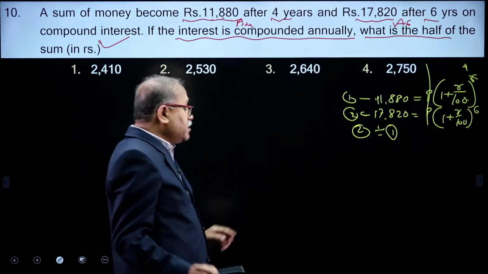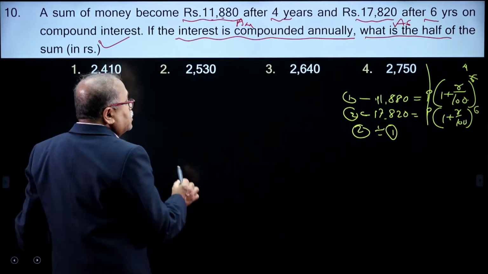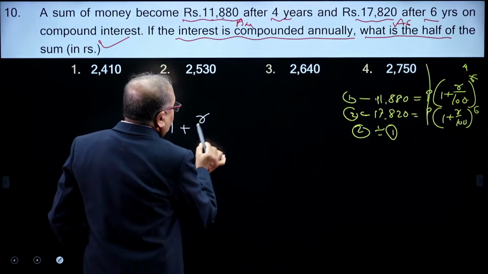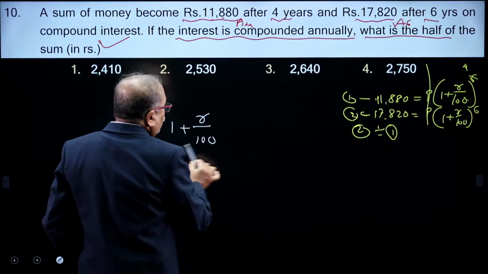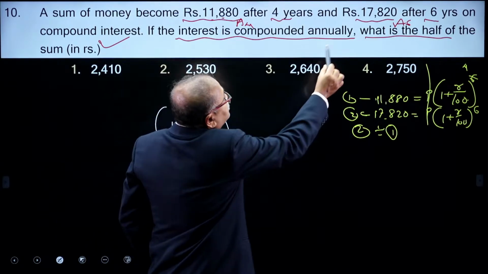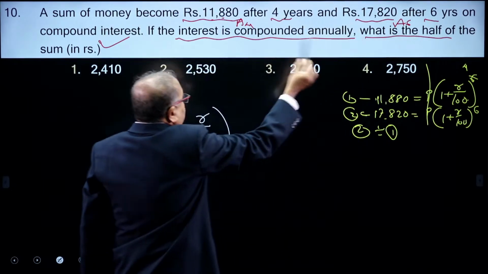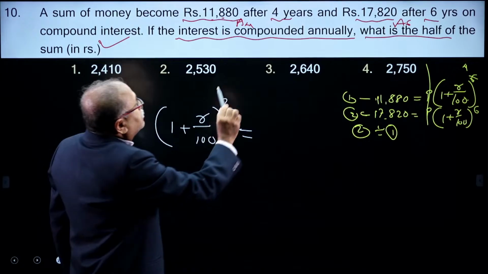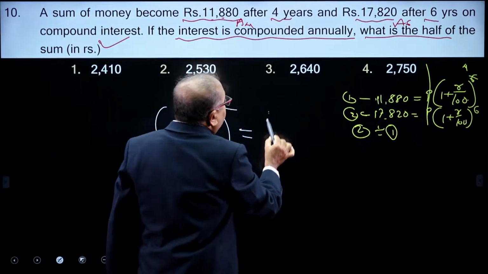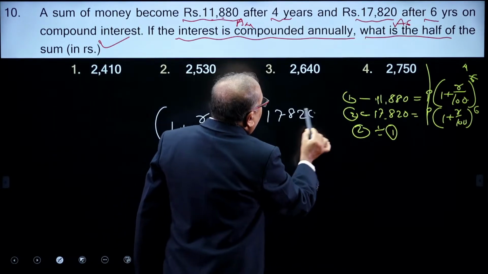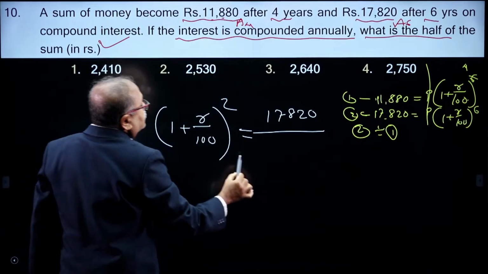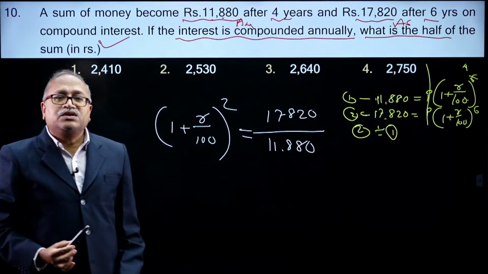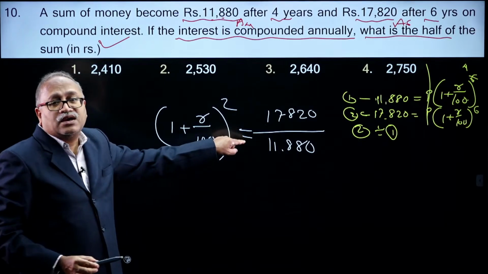So we directly write, in practice, 1 plus r by 100 to the whole power, this is 6 years and this is 4 years, the difference is 2, which is equal to 17,820 for 6 years over 11,880 for 4 years. That is how we directly write it in this exam.